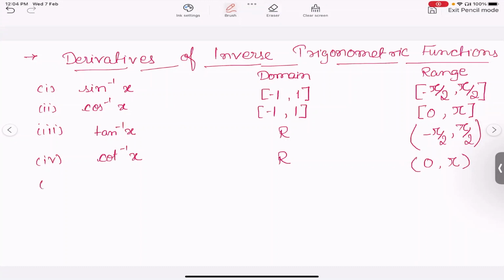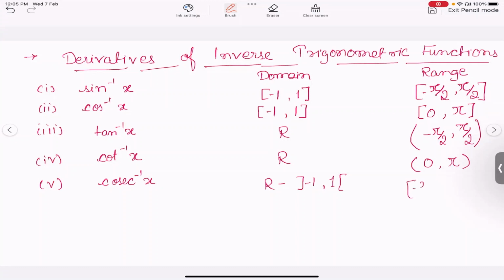So the next is cosec inverse x, which has domain all the real numbers excluding 1 and -1, because at those points the sine values are equal to 1 by 0, so undefined form. That's why these points are excluded.